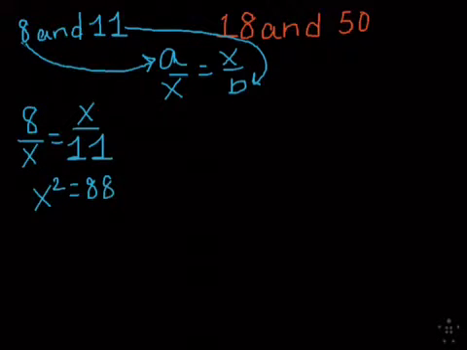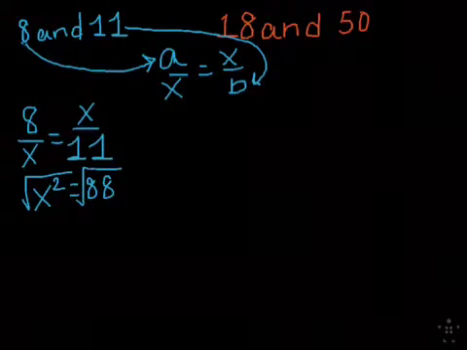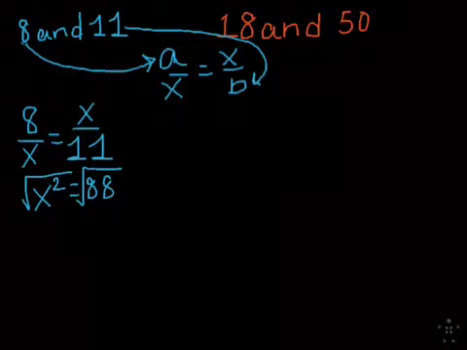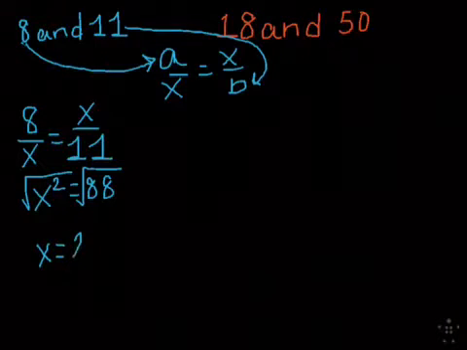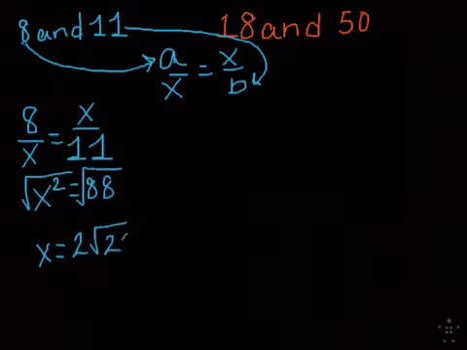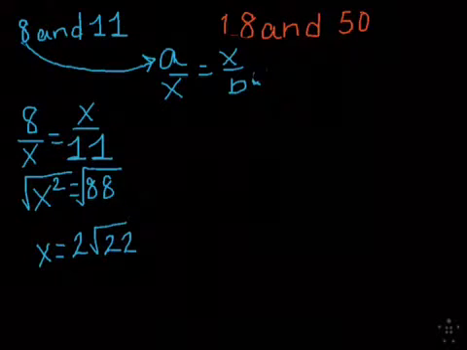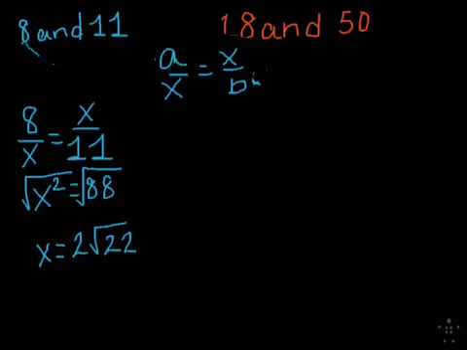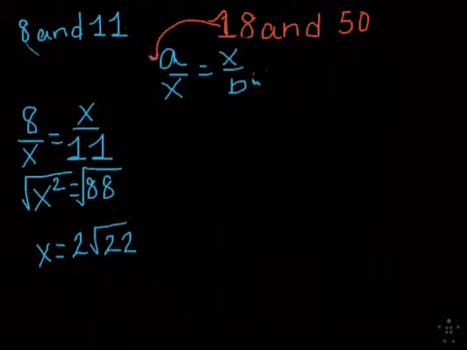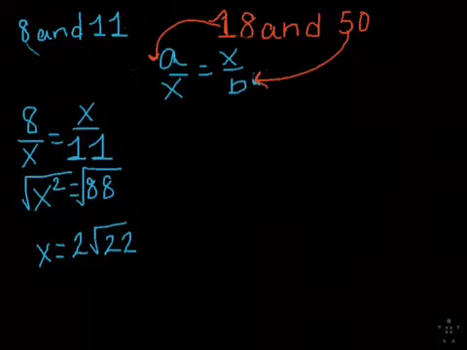88 isn't a perfect square. If you simplify that square root, you're going to end up with x equals 2 square root 22. The same thing can be applied with 18 and 50. 18 can be a, 50 can be b.